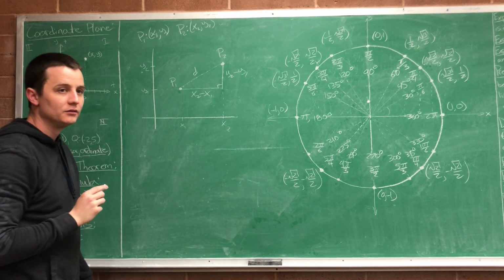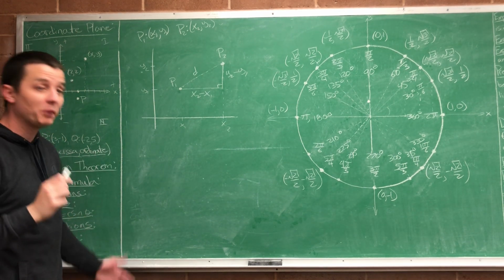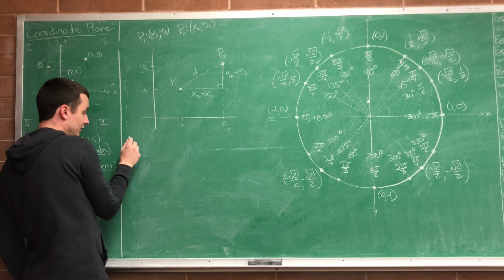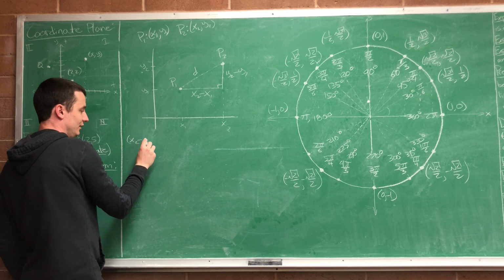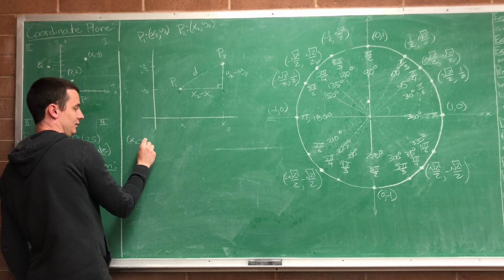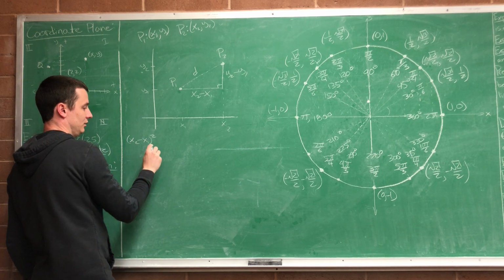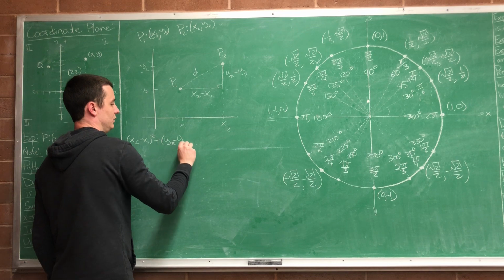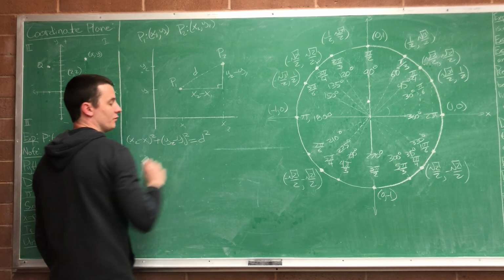And how can we calculate little d? Pythagorean theorem. Tell me what to write. X2 minus x1 to the power of 2 plus y2 minus y1 to the power of 2 equals d to the power of 2.